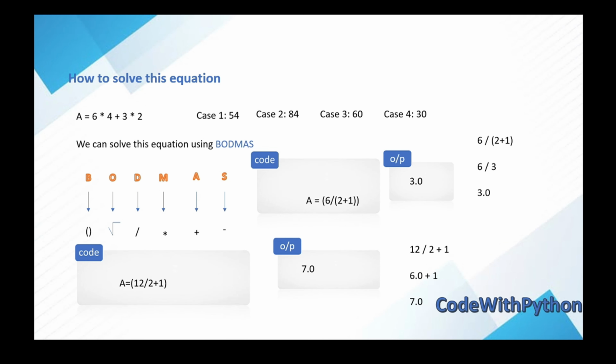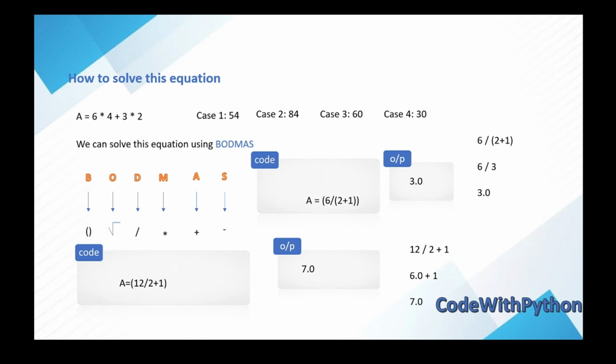So here we are going to see how to solve equations. For example, I have taken one equation: a is equal to 6 into 4 plus 3 into 2. Here, into is nothing but star. In Python, we use the star symbol as the multiplication operator. We don't know exactly how to solve this equation, so let's check in cases.